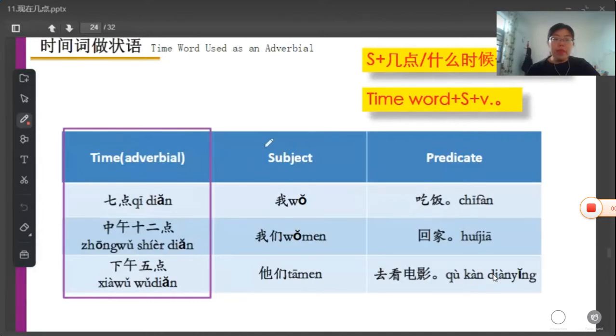This part, we put the time word before the subject.